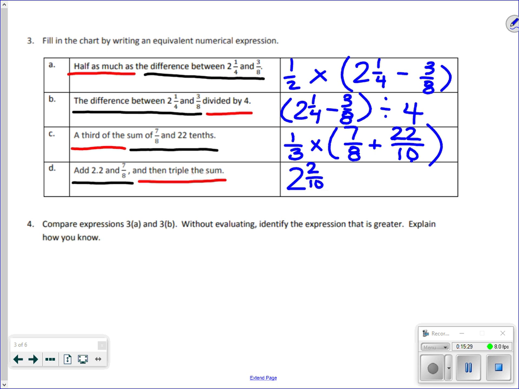When you say it, it sounds like a mixed fraction. It should. 2 and 2 tenths. Add that and 7 eighths. And then triple the sum. What does that mean? Times 3. Multiply by 3.